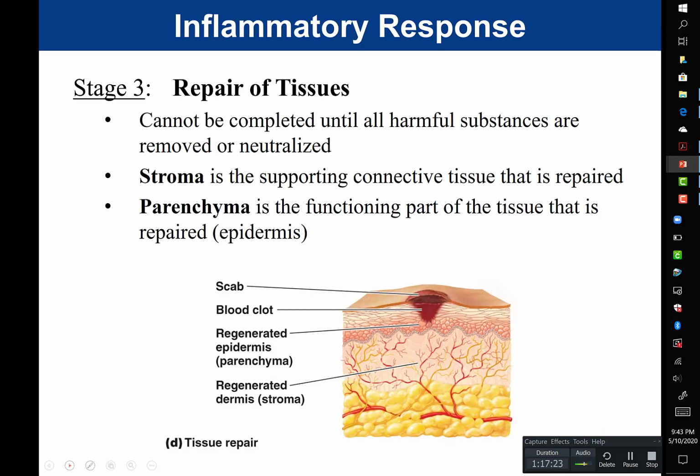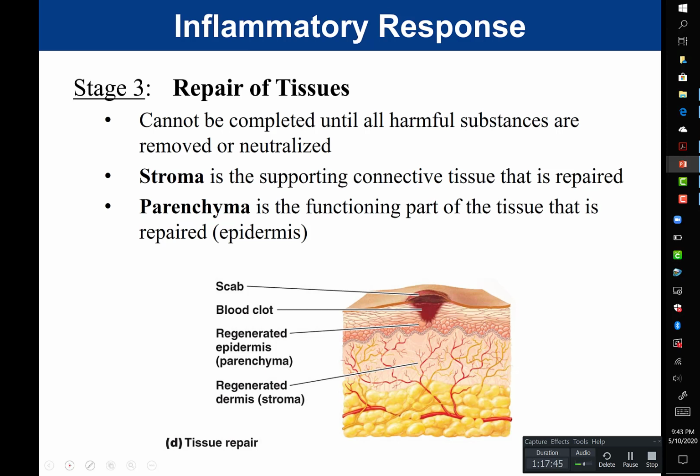And then lastly, we have our repair. The repair of tissue cannot be completed until all harmful substances are removed or neutralized. So it takes the body, the immune system, time to fight off all those pathogens, and then it can begin to repair.